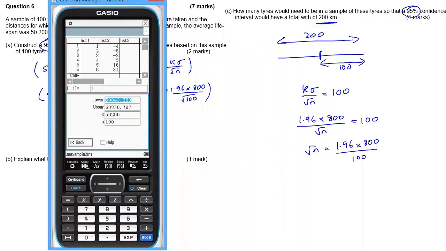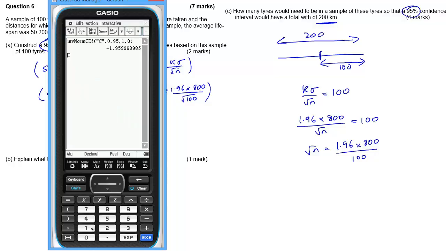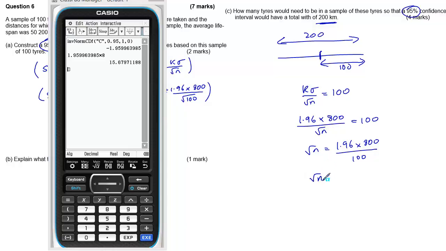So that's just going to work out to be 1.96. I'm going to use a more accurate figure actually since it's sitting here. So that multiplied by 8. So I'm going to say root n is 15.69 and so on. It's actually 67.